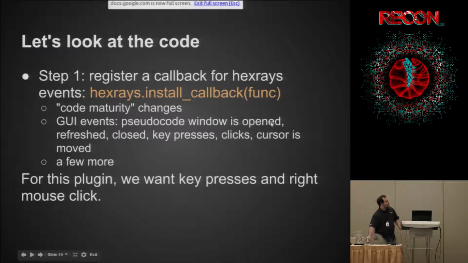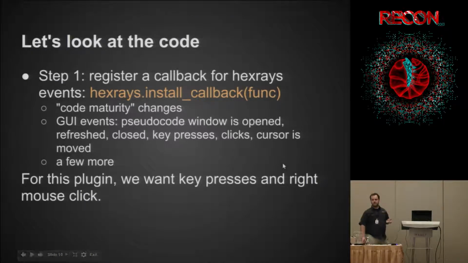So let's look a bit at the code. It's very simple, as I said. There's 200 lines, but there's very little actual use of the API. So I'm going to present the big lines of this. So you install a callback, and every time something happens in the decompiler, you get a function executed, and you can see what's happening.